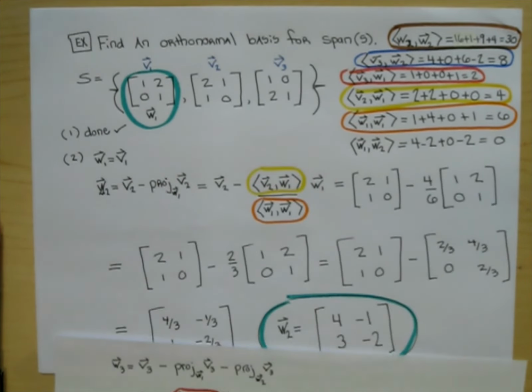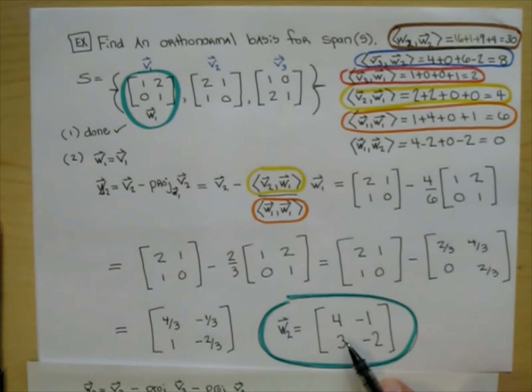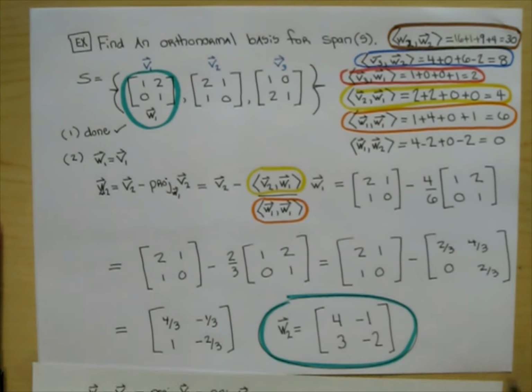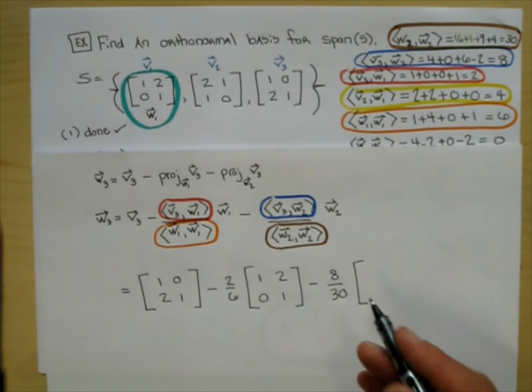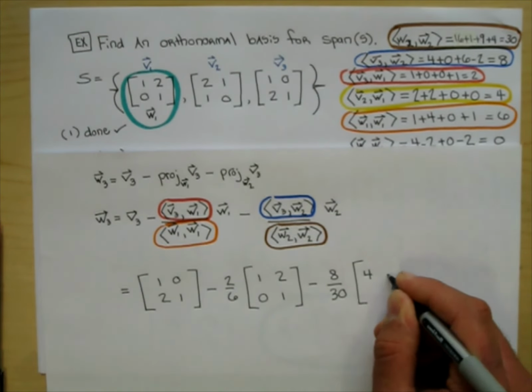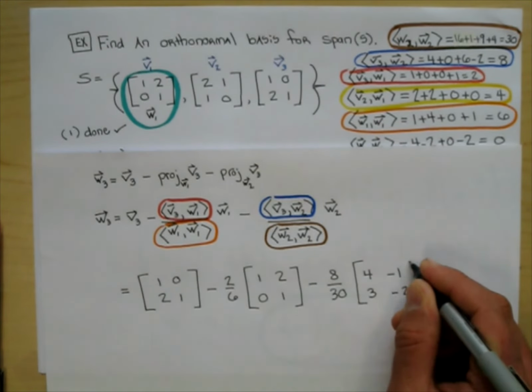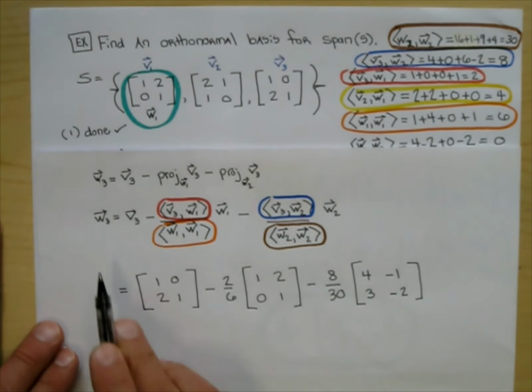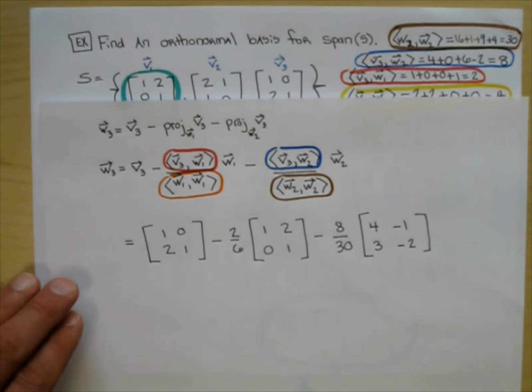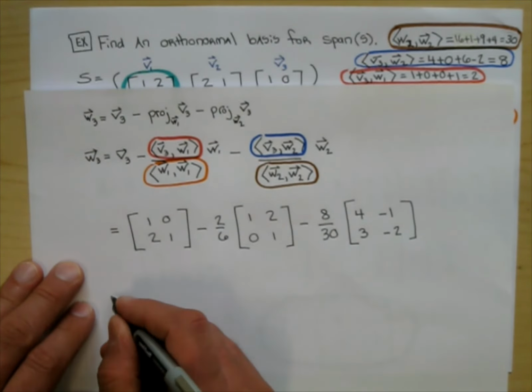Sounds like my phone is ringing. And there's W2, which is 4, -1, 3, -2. So this is my W3. Let's go ahead and simplify those fractions.